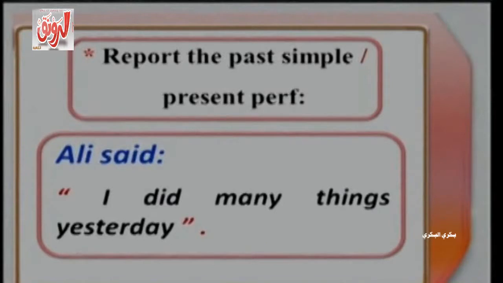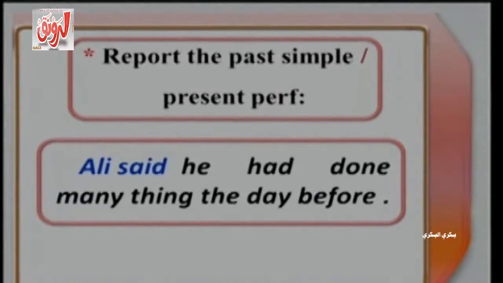If we want to change them from this direct way to an indirect way, we need to make some necessary changes. We have to change the colon, the inverted commas, capitals, pronouns, and adverbs. All these must change.